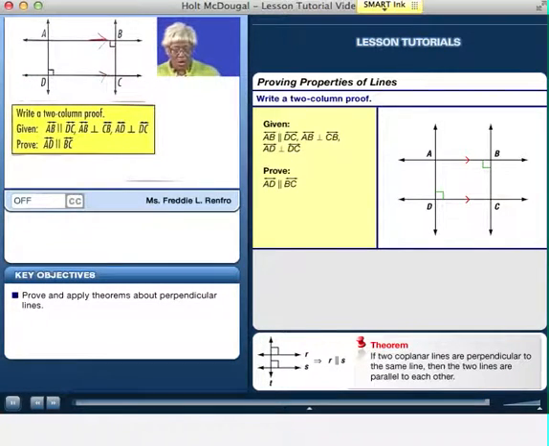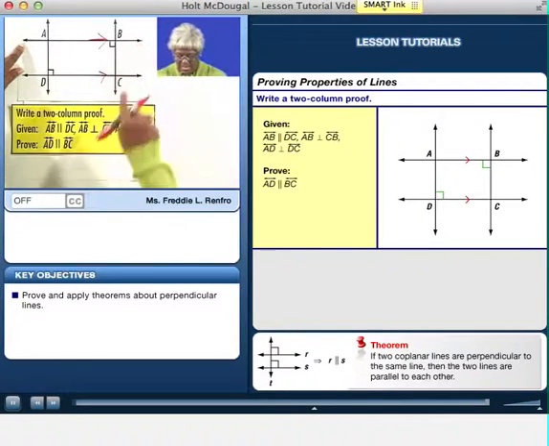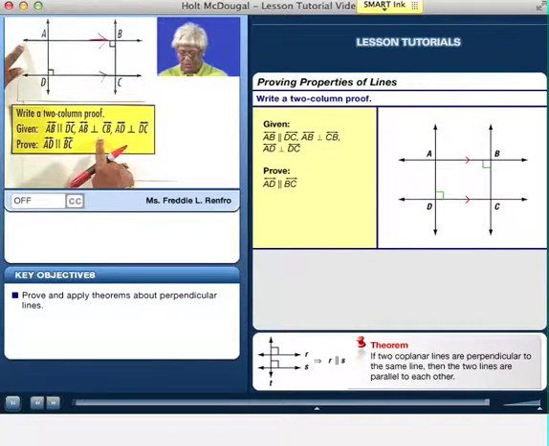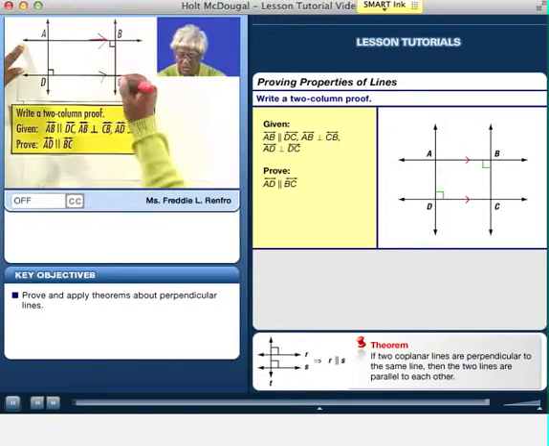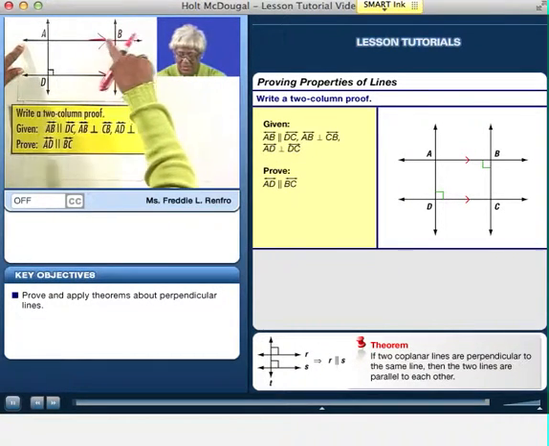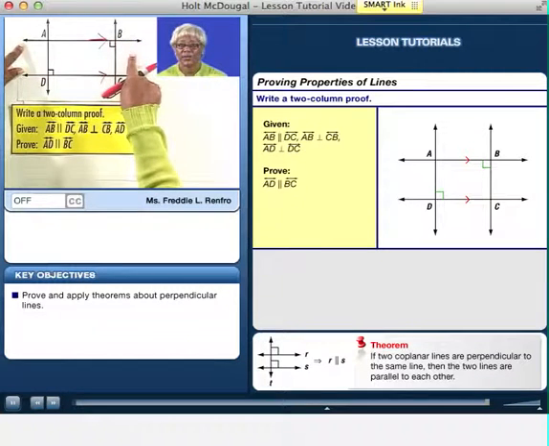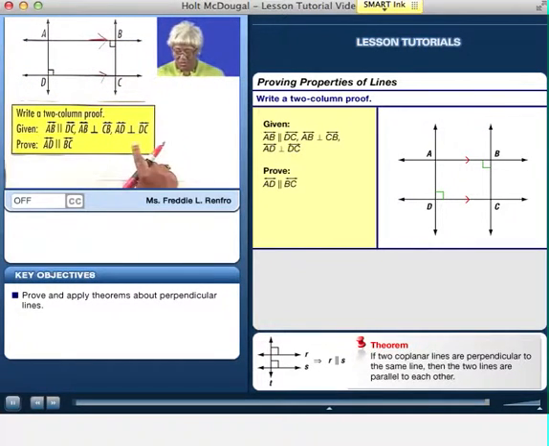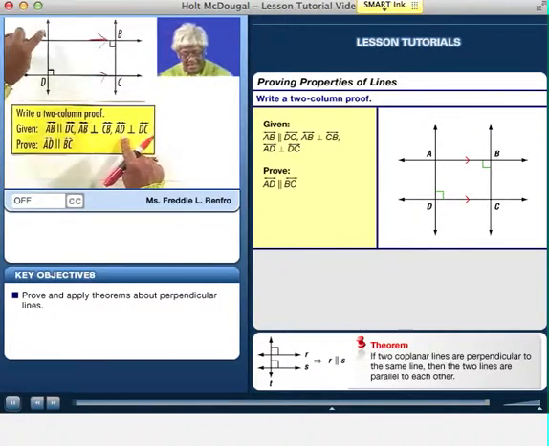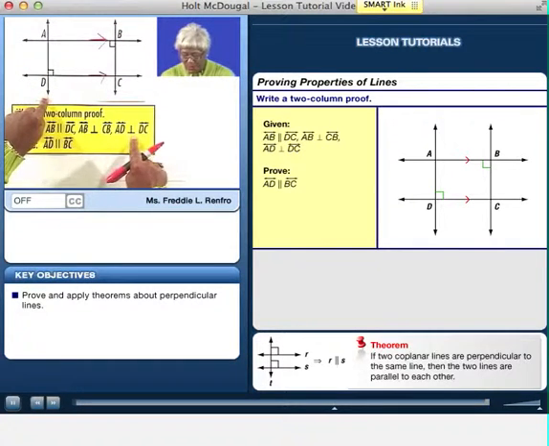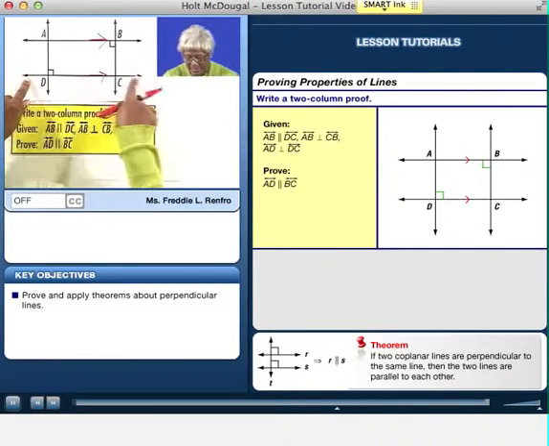We're also given that AB, which is here, is perpendicular to line CB. And that's already been indicated for you. This line is perpendicular, so you have four right angles being formed right here. We're also given that AD is perpendicular to DC, right here.